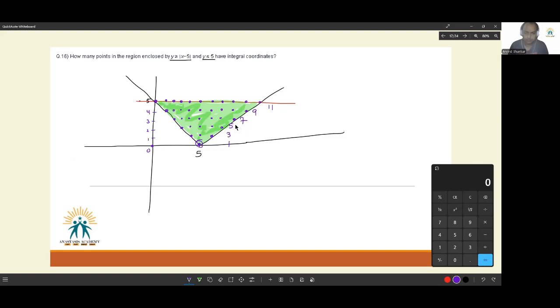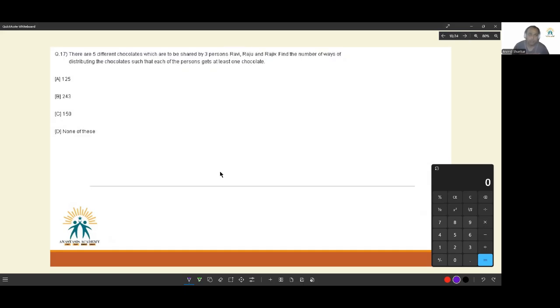Altogether, we will get 6 into 6, 36 points. There are going to be 36 points that have integral coordinates within this setup. Very, very straightforward storyline. This counting mechanism of 1, 3, 5 is increasing in steps of perfect squares only. This is something that you must have already done. Next.